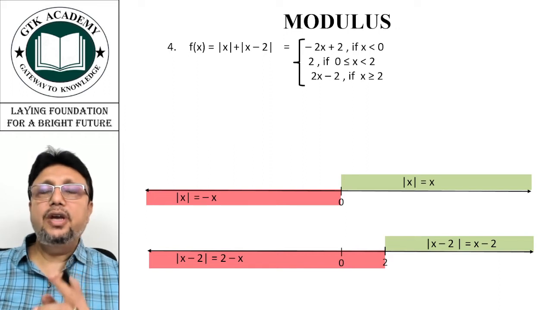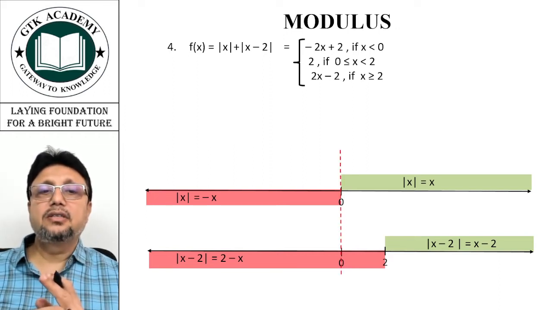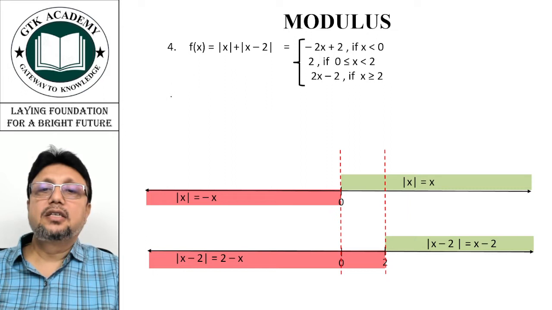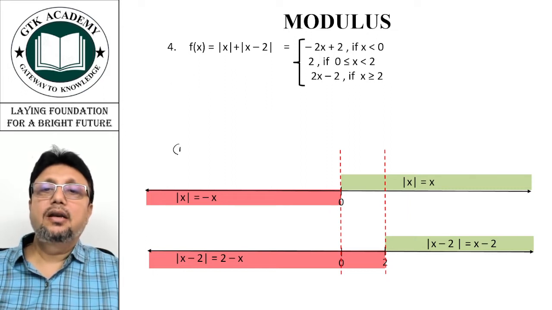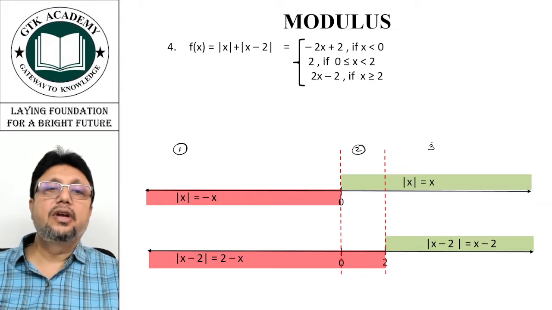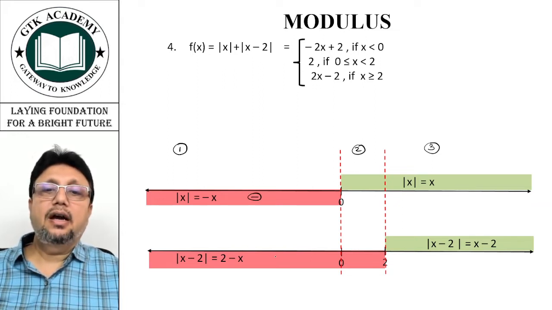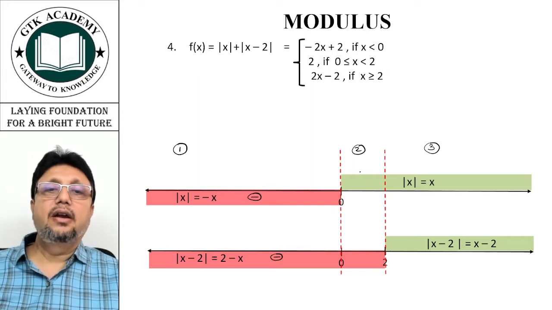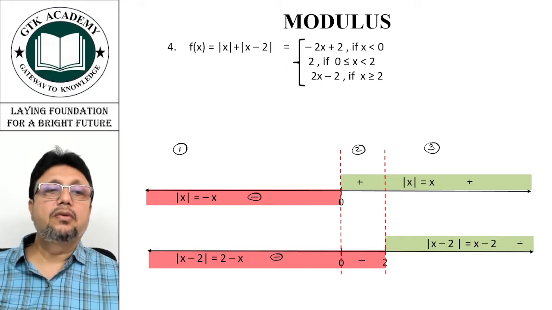Now here we can divide this into three regions. This is region 1, this is region 2, and this is region 3. In region 1, this is negative and this is also negative. In region 2, this is positive, this is negative. In region 3, both are positive.